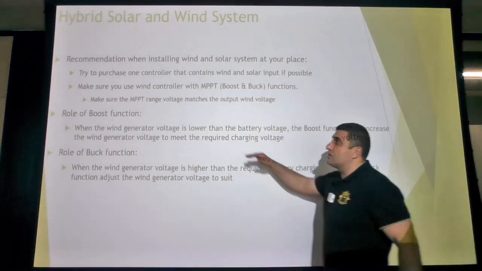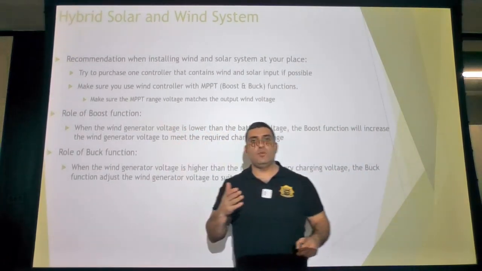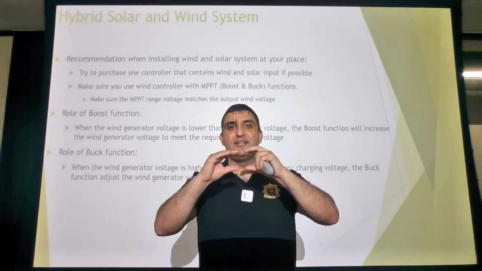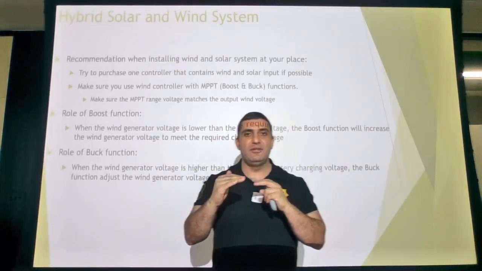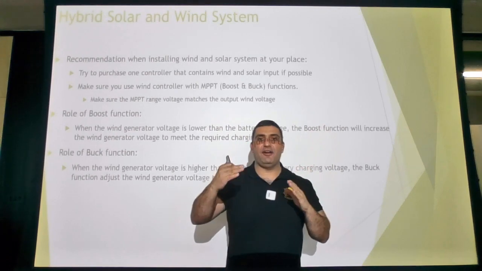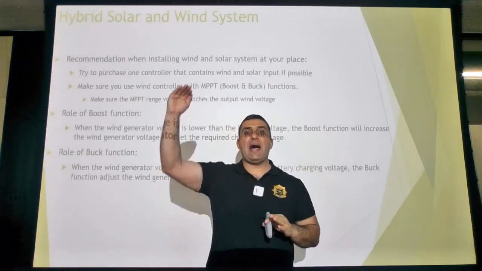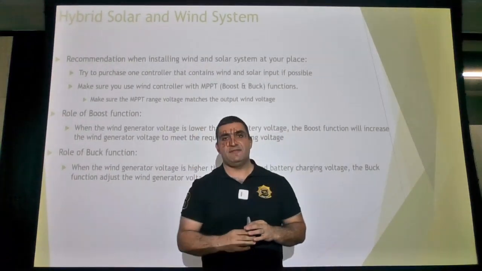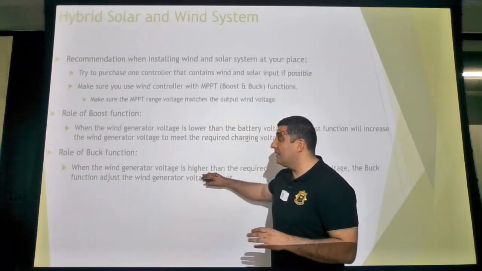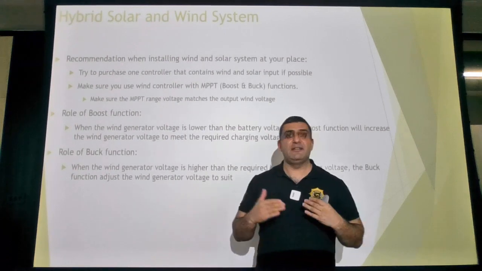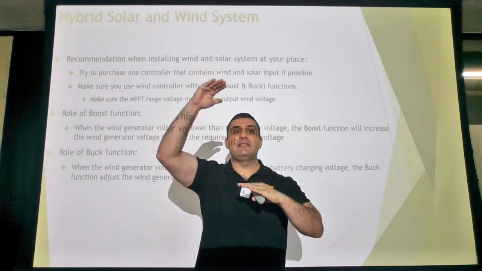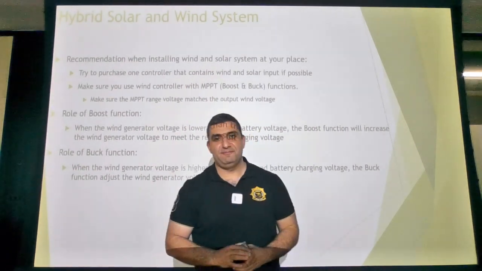The role of the boost function is, when you have slow speed and the output of your turbine is low, the DC output after the rectifier is low, it will step up the DC voltage to meet my batteries. And the buck converter, if you have a heavy wind, the output voltage will be higher than your battery, the buck reduces it down.